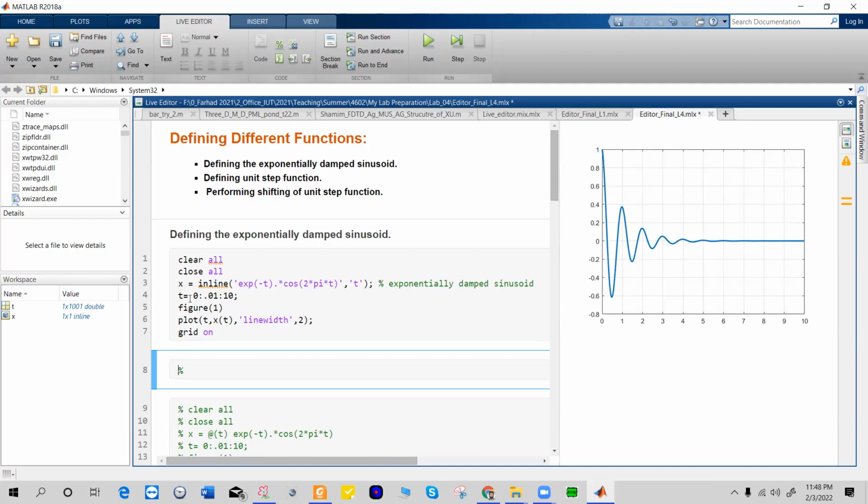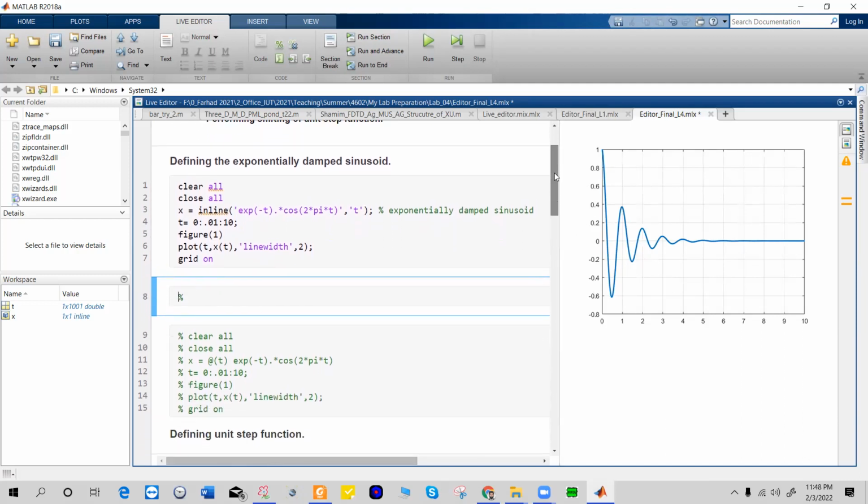Now when we vary t from 0 to 10 and then plot t versus x of t, this plot has been generated. So this is one approach to plot the function x of t, and x inline is one way where we can define a function.